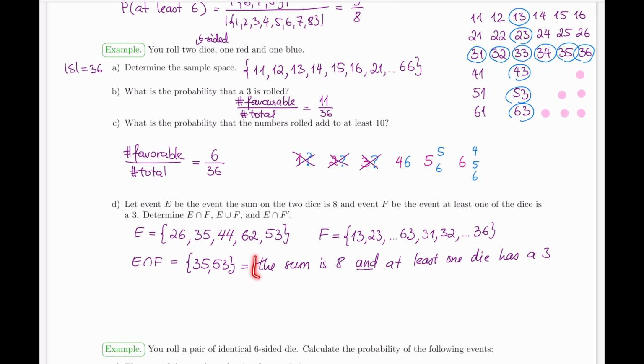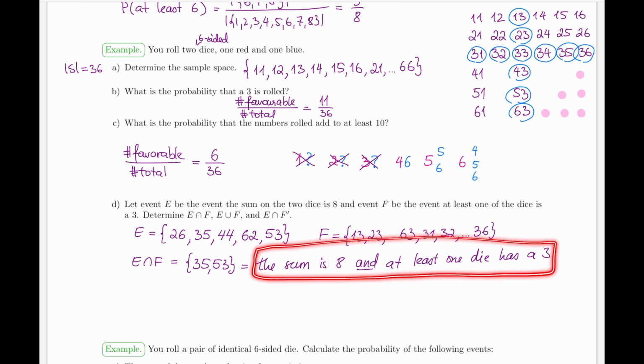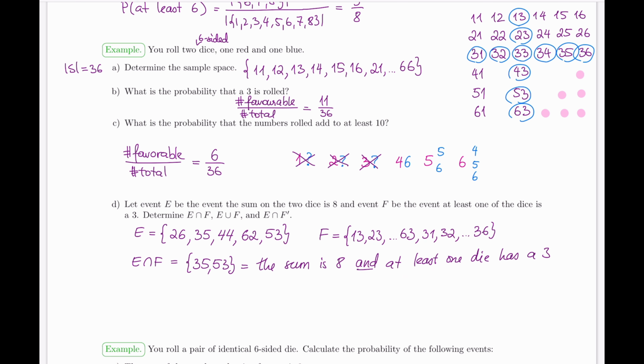Now, if we write it out this way, we can double check whether it's reasonable that we got this as all of our outcomes for this intersection of the 2 events. And it makes sense. The sum has to be 8 and at least one of the dice has to be 3. So I already see that these were my only choices that I could have picked out of E.